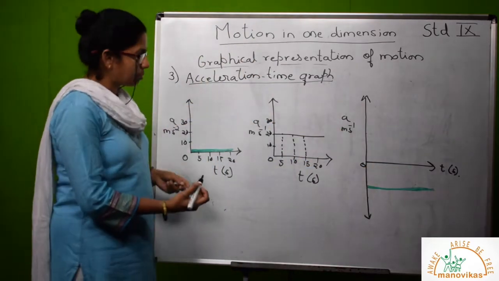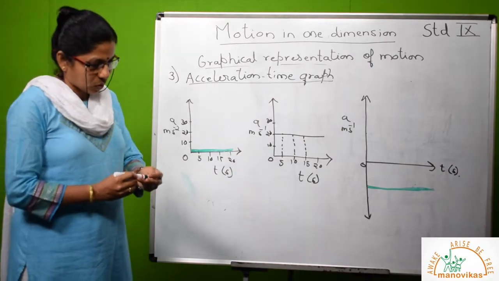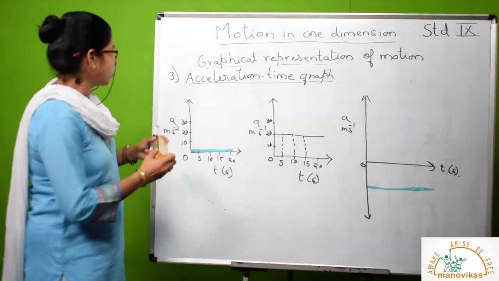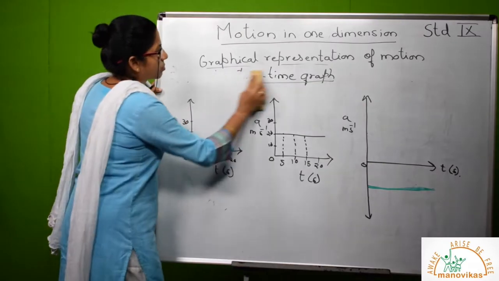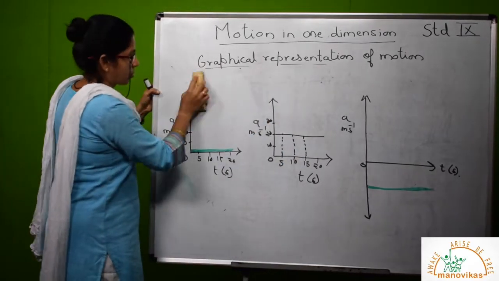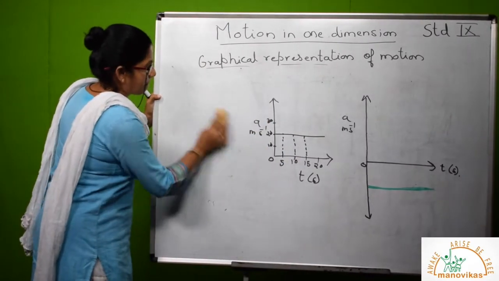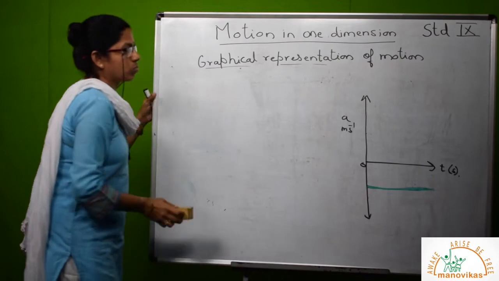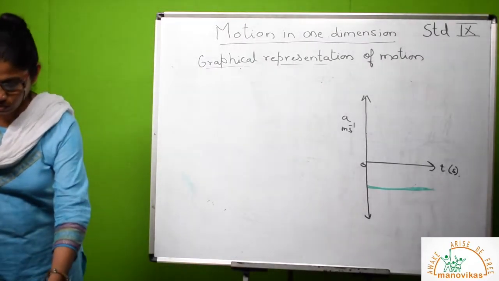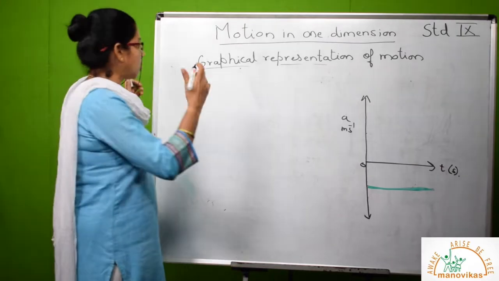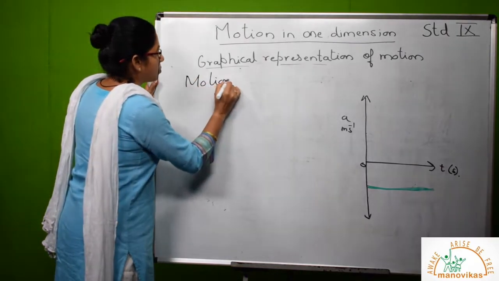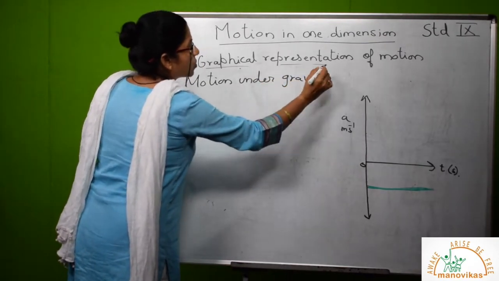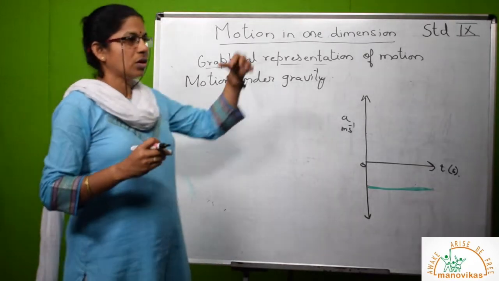Now I am going to explain about free fall of an object, or motion under gravity. This is the motion when an object is thrown from a certain height.